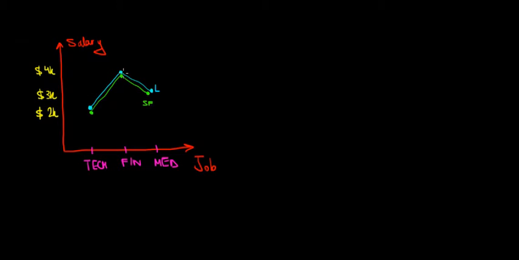We see that finance jobs are higher paid than technology and medical. In San Francisco it's the same pattern: $2,000 for tech, $4,000 for finance, $3,000 for medical, meaning that we have a difference in the average salaries between the jobs. We can see that finance pays consistently higher.